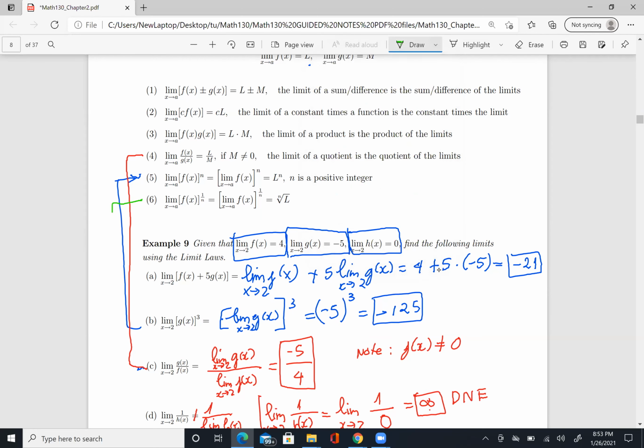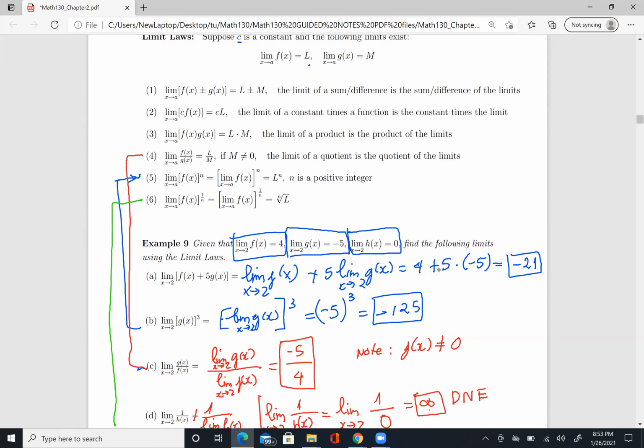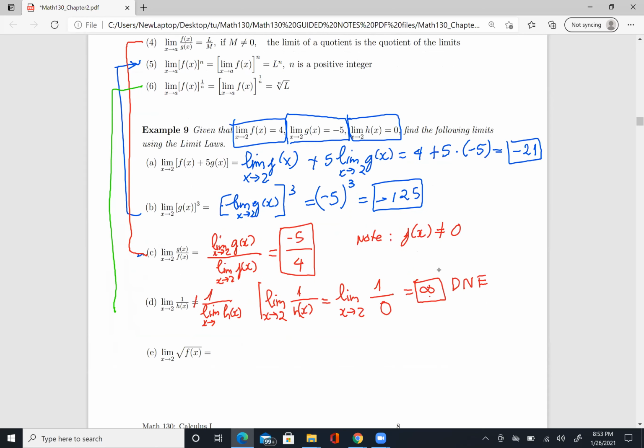We can apply number 6 over here for part E, because remember that the square root here actually means power 1/2. You can rewrite it as the limit of fx to the power 1/2.